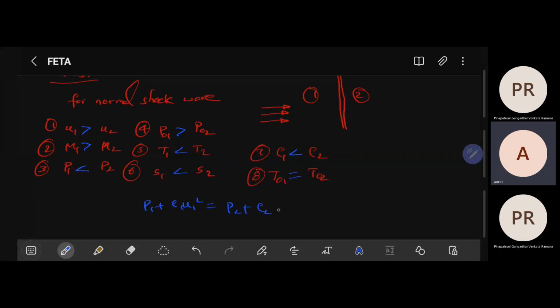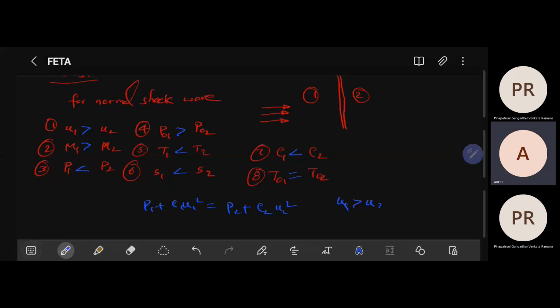From the momentum equation you see that if U1 is greater than U2, we have two more variables to decide the pressure and density, right? You know that U1 is far greater than U2.